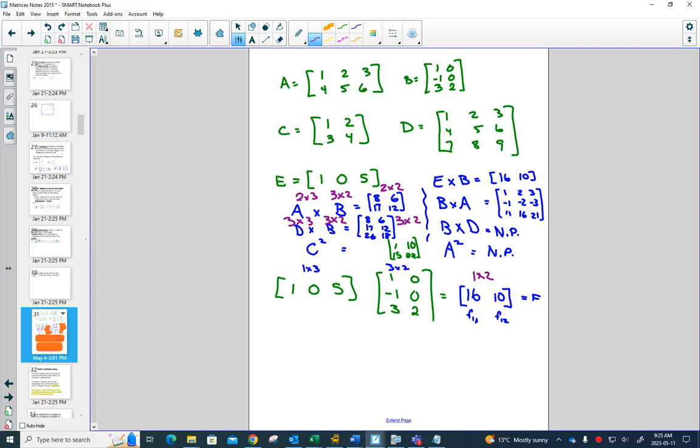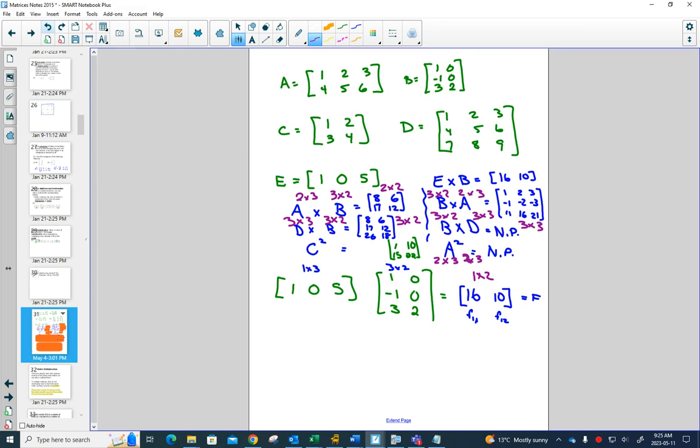And B was a 3 by 2, and A is a 2 by 3, and the answer is a 3 by 3. But the ones that don't work: you can't do a 2 by 3 multiplied by a 3 by 2. B is a 3 by 2, and you cannot multiply that by a 3 by 3. And A, which was a 2 by 3, cannot multiply by itself, another 2 by 3.